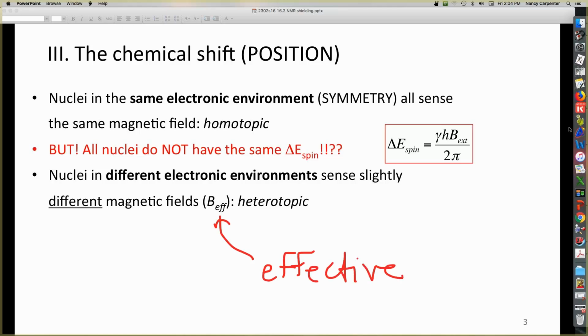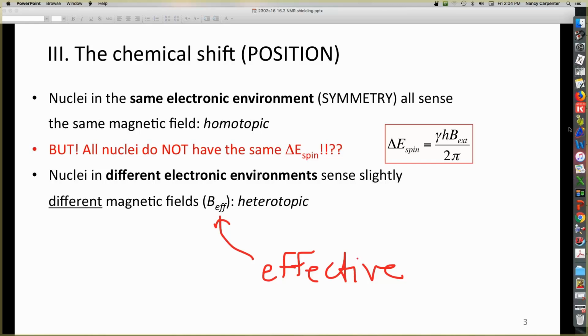So while I have a magnet associated with my instrument, that magnet is a constant magnetic field, but those little nuclei feel something a little different based on the different electronic environment they're in. So this mini lecture is really about learning why these electronic environments are slightly different.